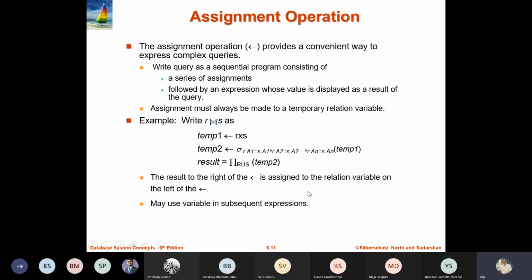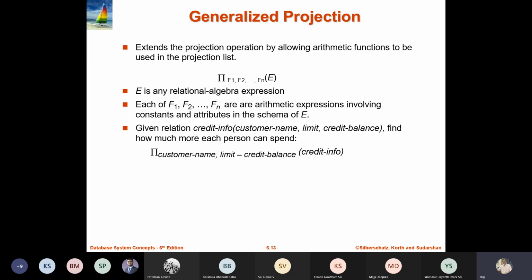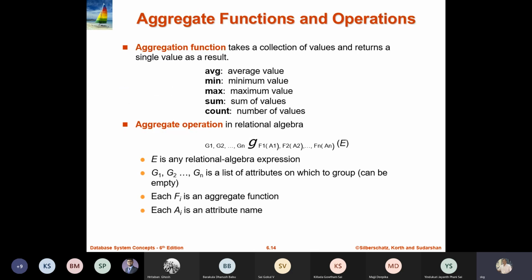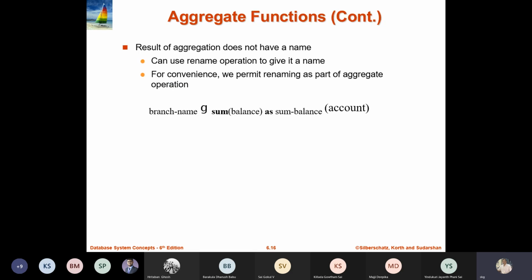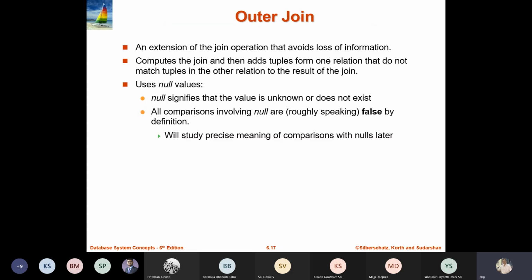So we are matching those things. But in such cases, if there is no match, those tuples are dropped. But I may want to keep those tuples. So the outer join is an extension of the join operation that avoids loss of information. I want to keep those things so that they are not lost.